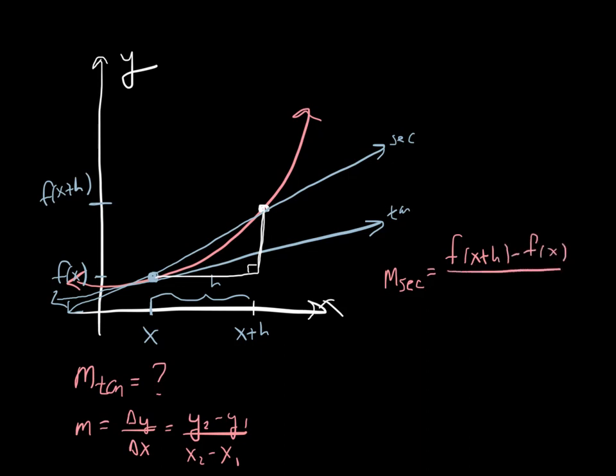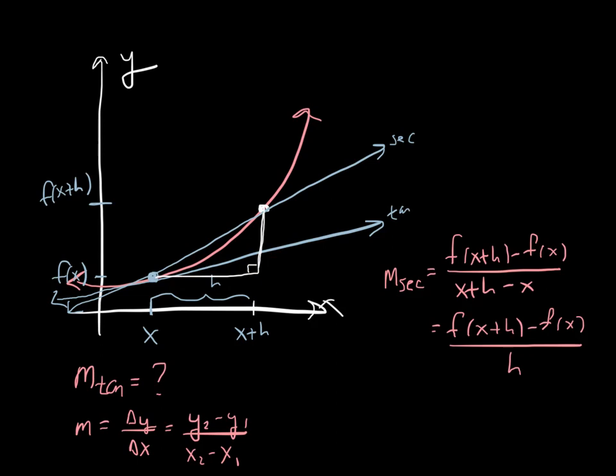And that will be all over the change in x, which is x plus h minus x. And that will simplify in that denominator there. And we'll have just h in the denominator. And this here is the slope of the secant line, which we could argue is kind of close to the slope of this tangent line.